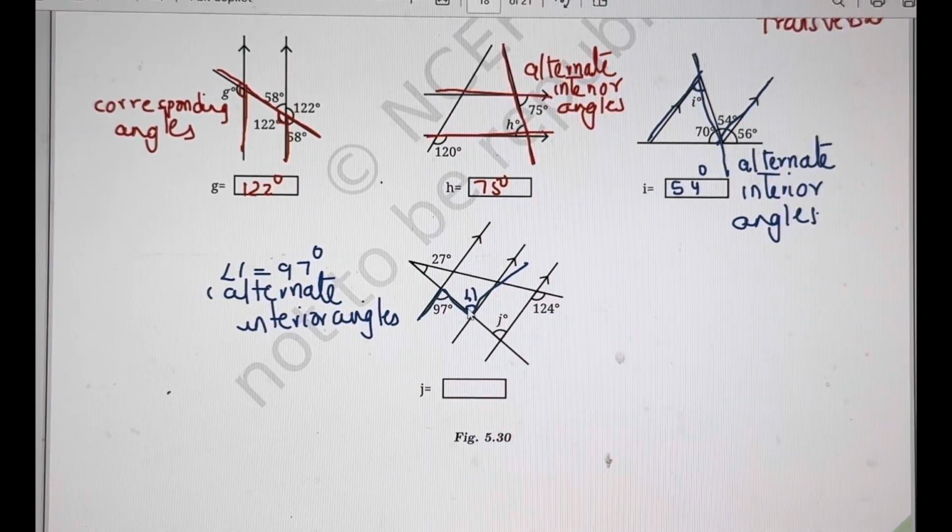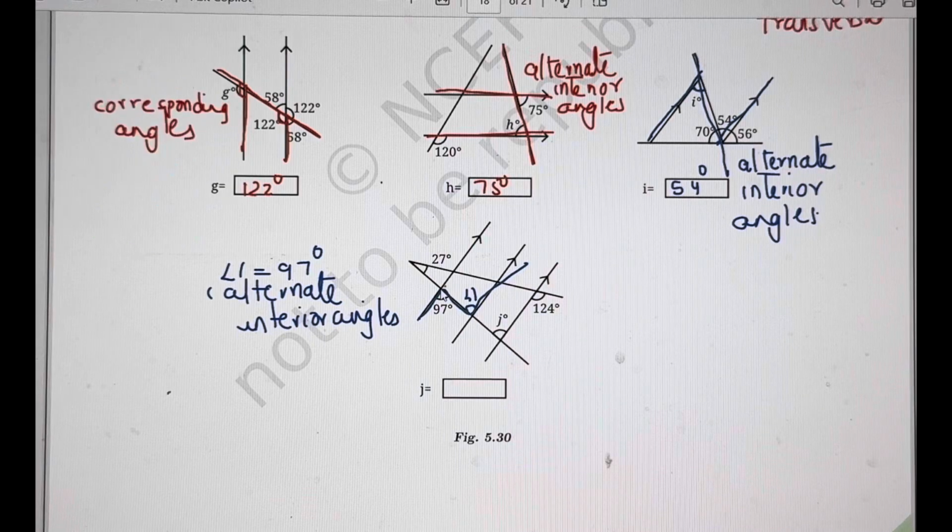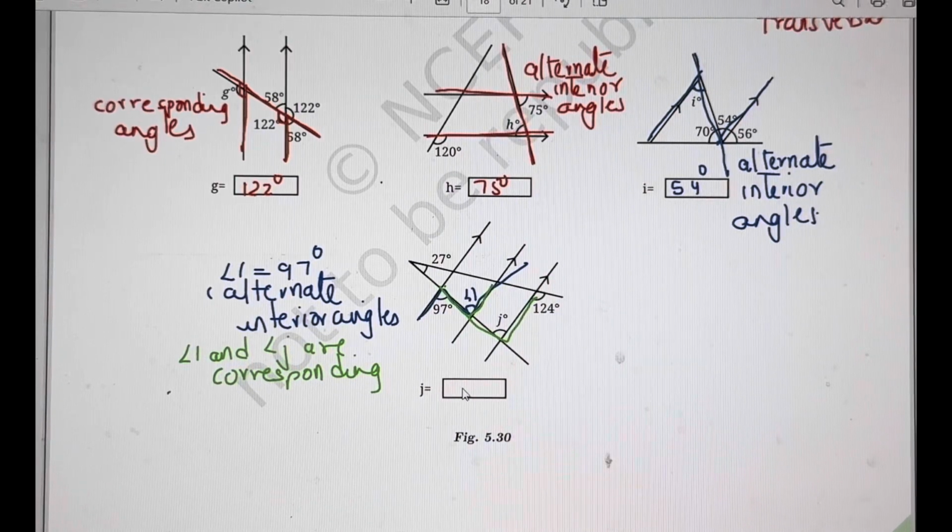Now you see angle 1 and angle J. They are forming F. Identify F over here. Right, so angle 1 and angle J are corresponding angles. So J will be equal to 97. Corresponding angles are equal. Right?